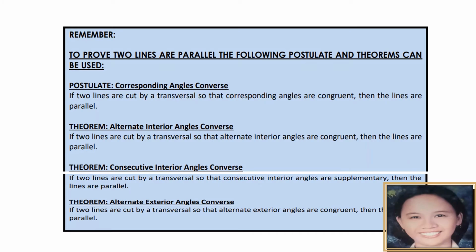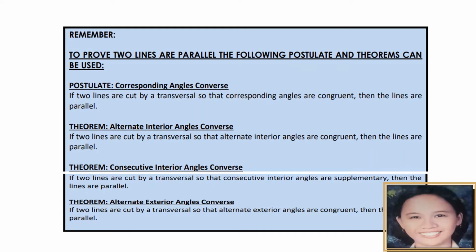To prove that two lines are parallel, the following postulates and theorems can be used. We have the postulate for corresponding angles, wherein if two lines are cut by a transversal and their corresponding angles are congruent, then the lines are parallel. Then we have theorems for alternate interior angles and alternate exterior angles.